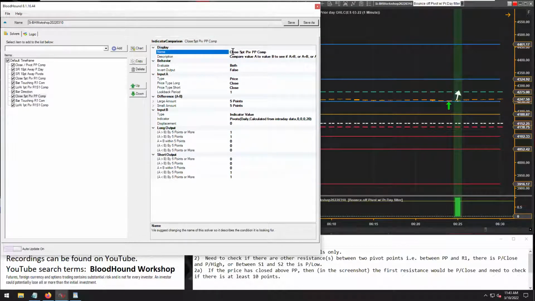That's our 5 points of separation away from the PP line there. So now the next solver down, we called it the bar touching R1. So now we want to know when the bar touches the PP line.